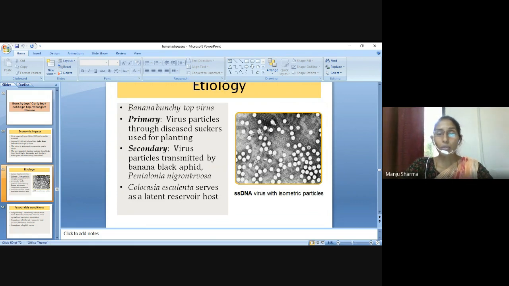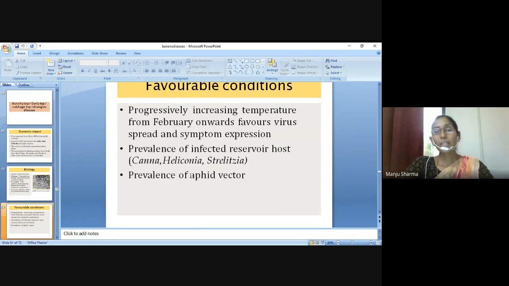Colocasia esculenta serves as a reservoir host. Progressively increasing temperature from February onwards favors virus spread and symptom expression. Then prevalence of infected reservoir hosts, that is Canna, Heliconia and Strelitzia. Prevalence of aphid vector.